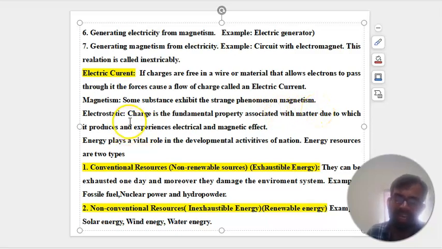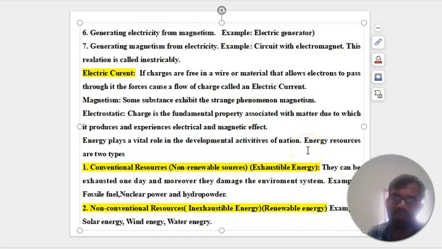And electrostatic charge is a fundamental property associated with matter due to which it produces and experiences electrical and magnetic effects. Energy plays a vital role in the development and activities of a nation.